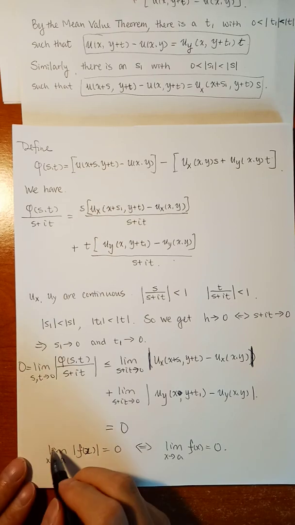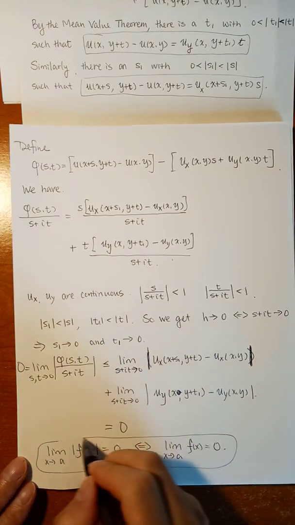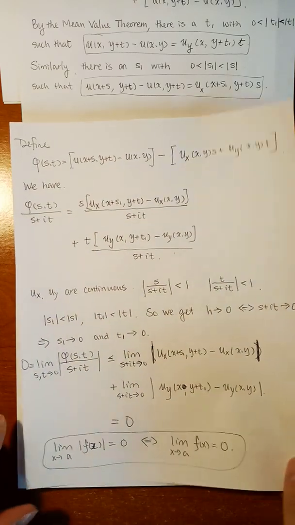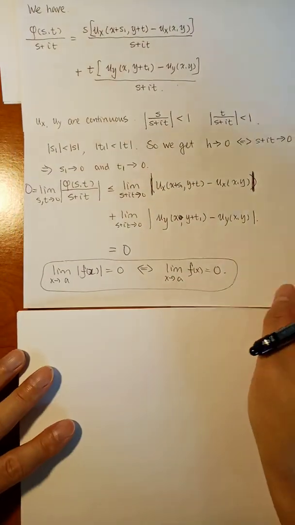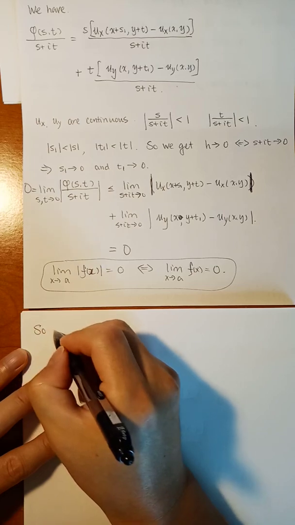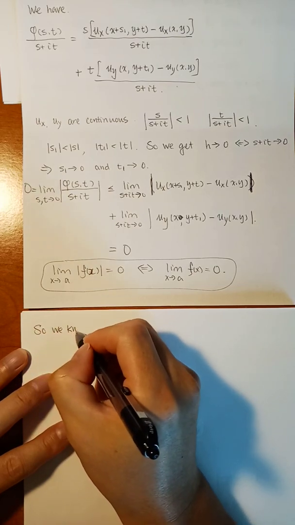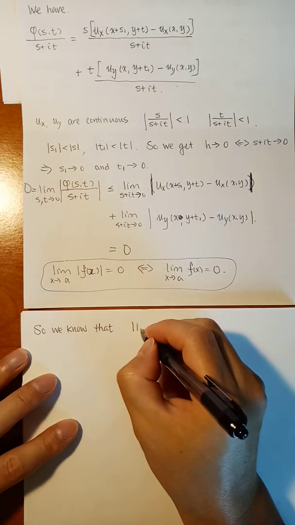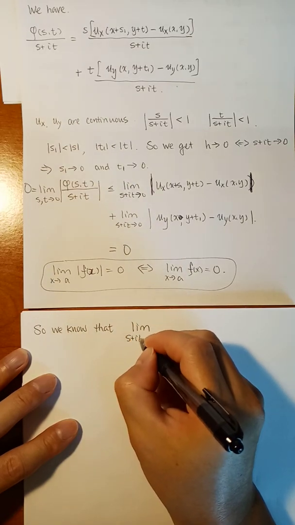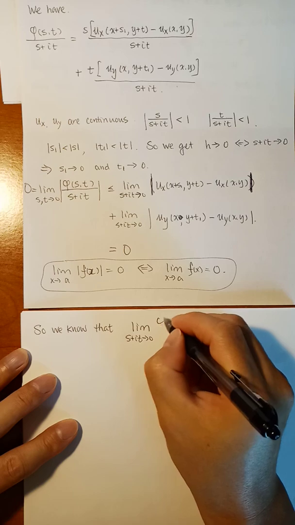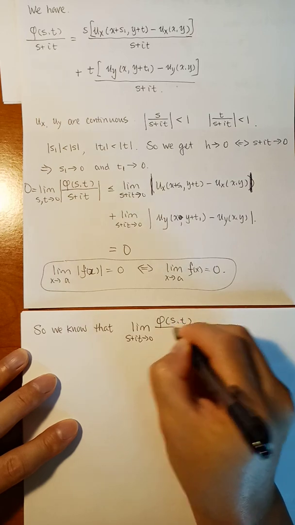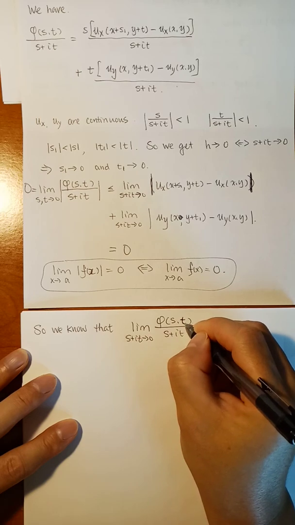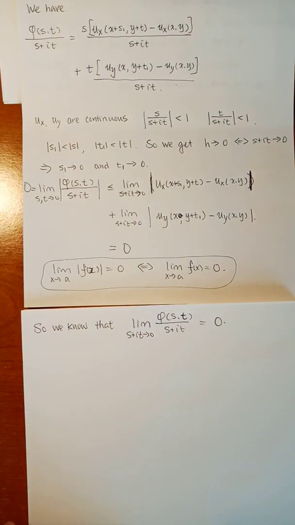So it doesn't matter if it's real or complex. Because of this, we know that the limit as s plus it approaches 0 of phi of s comma t over s plus it is equal to 0.